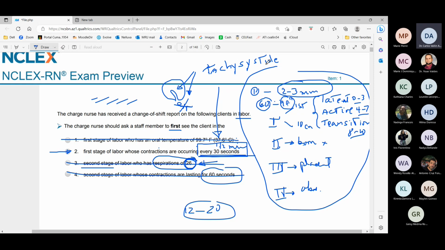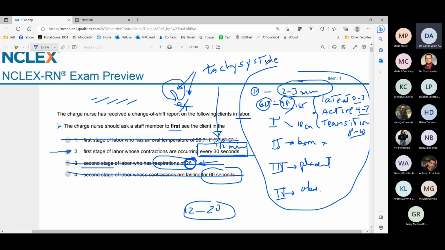This name has been tested in English. So if they give you tachysystole, you need to know what this means: very frequent or rapid contractions one after the other, which are not good because they can kill the baby and can break the uterus.